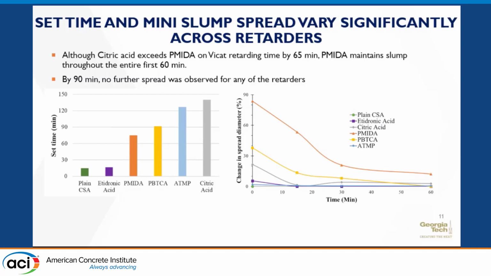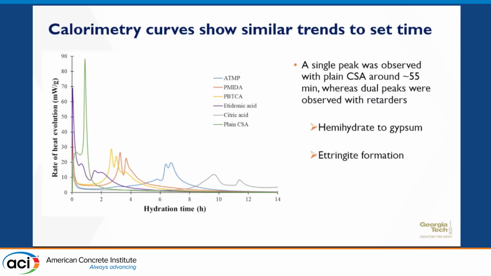On the other hand, ethyluronic acid didn't extend set time as much, and PMIDA was the medium retarder in this case. However, in mini-slump retention experiments, we realized that PMIDA is the best. From the beginning till the end, it had the highest change in spread. Until 60 minutes we observed this, but by 90 minutes, no further spread was observed for any of the retarders.